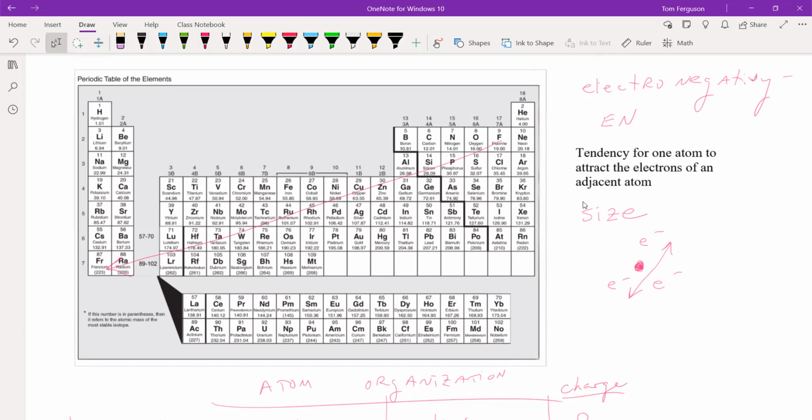So what do you think nature does with things that are unstable? It wants to become more stable. It does that usually by forming a chemical reaction. So in nature, rarely do you see these guys by themselves. Rarely.